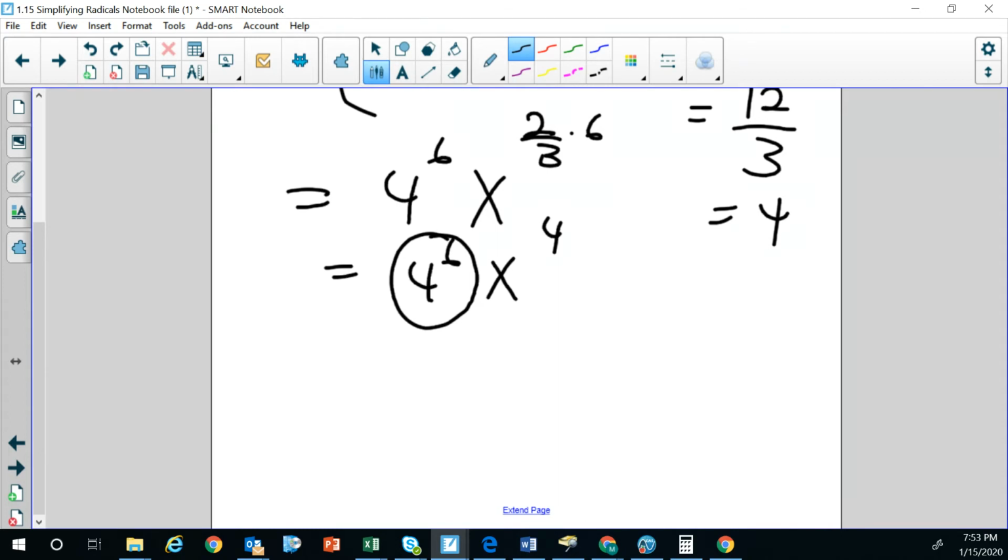Well, 4 to the 6 means 4 times 4 times 4 times 4 and so on. So you would simplify the coefficient, and then times it by x to the 4th. So that's one example where we have a rational exponent raised to a power of 6.